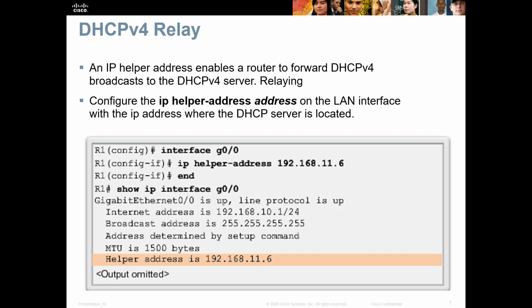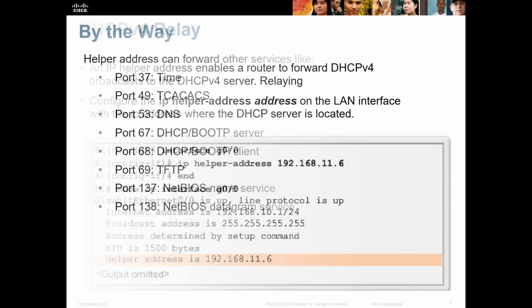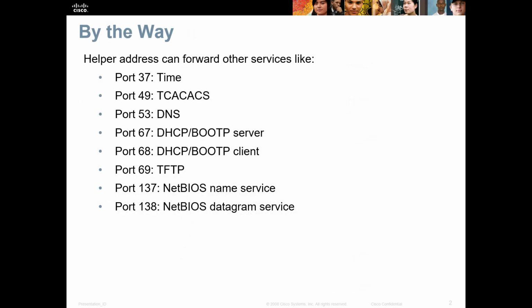So I just wanted to mention this slide you saw. You set up relay largely through the use of the helper address. And there was a small piece I wanted to point out to you in your text. You have this simple chart of port addresses for other services that the helper can help with.